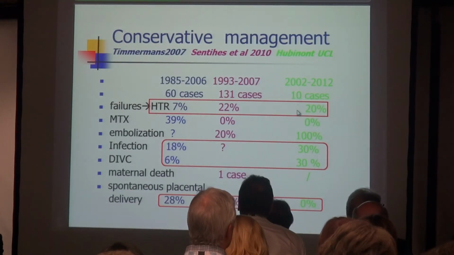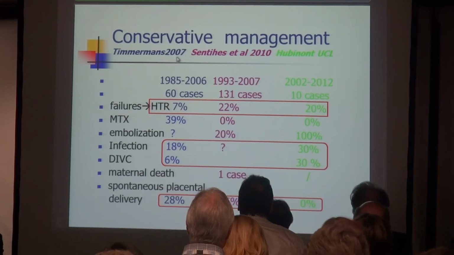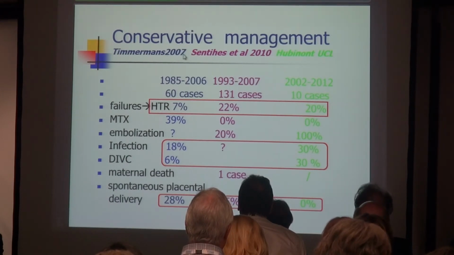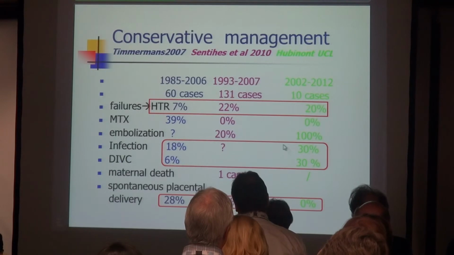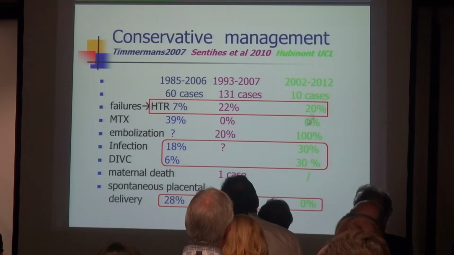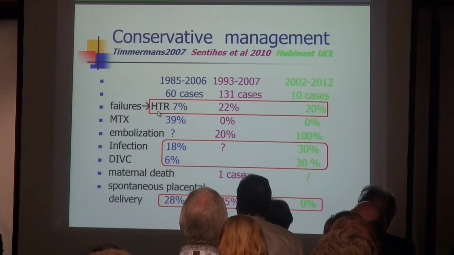If we check big series of conservative management, we have the one of Timmermans in 2007, the French series published by Saint-Hilaire in 2010, and I put my little series, but it increased, but I didn't have time to put my data. But we are more or less facing the same problem.